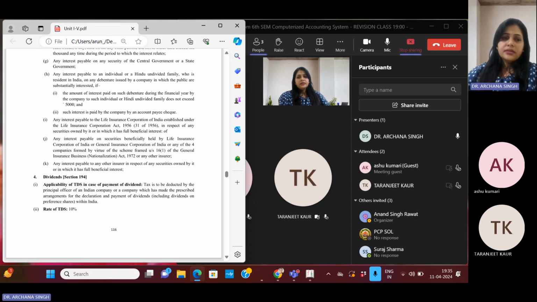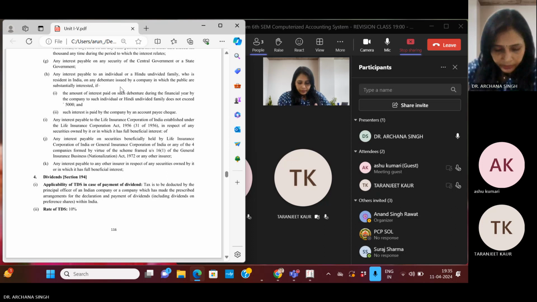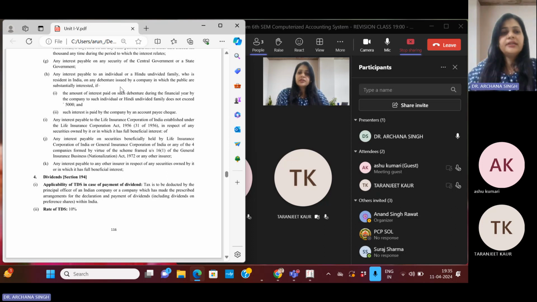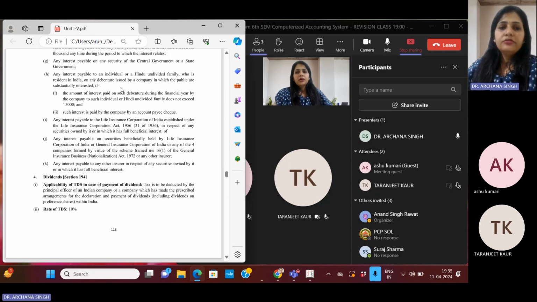Then any interest payable to an individual or a Hindu undivided family who is resident in India, on any debenture issued by a company in which the public are substantially interested, if the amount of interest paid on such debenture during the financial year by that company to such individual or Hindu undivided family does not exceed rupees 5,000.